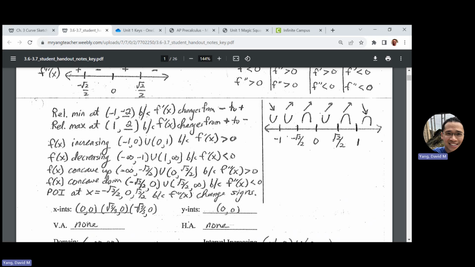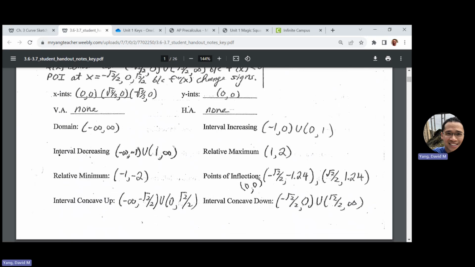Relative max is because f prime changes from positive to negative. Increasing because f prime is greater than 0. Decreasing is because f prime is less than 0. Concave up is because f double prime is greater than 0. Concave down is because f double prime is less than 0. And POI is because f double prime changes signs. But really, we're just pulling all that information from our sign lines.